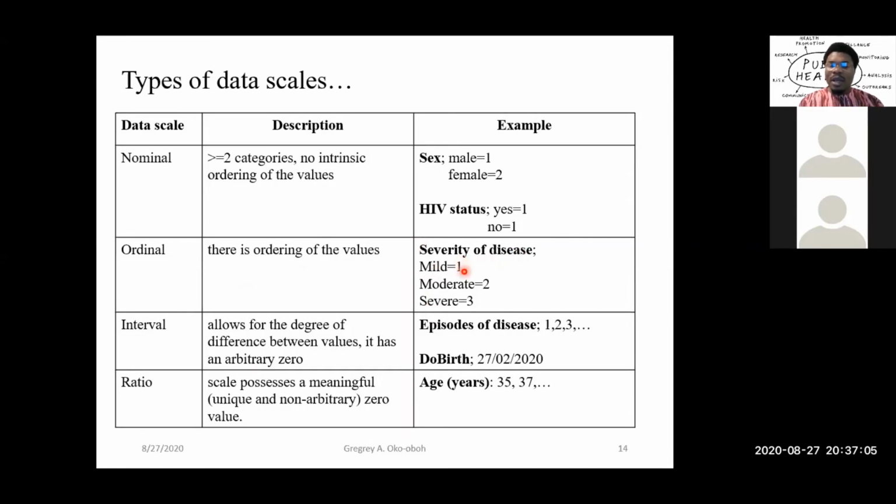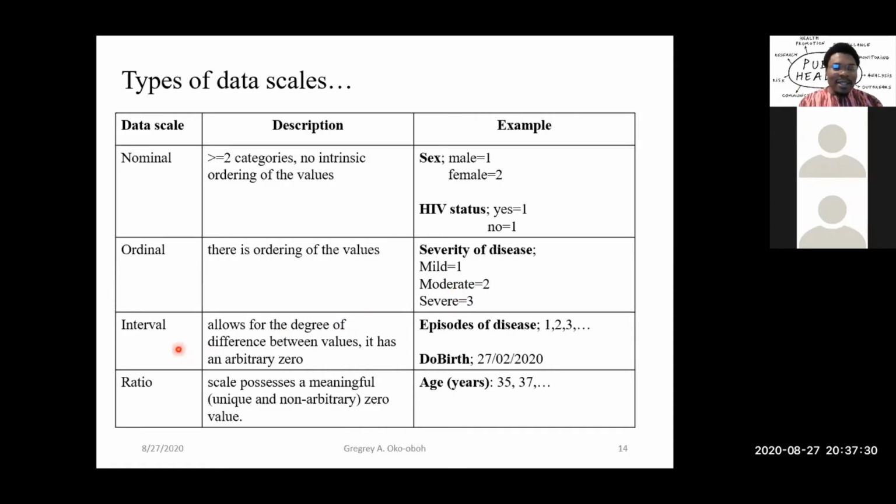You can give them 1, 2, 3, which shows a ranking. Most things we do in medicine, we rank them: mild, moderate, severe, and so on. Big, bigger, biggest, bad, badder, baddest, all those kinds of things. So all these are examples of ordinal scale data.